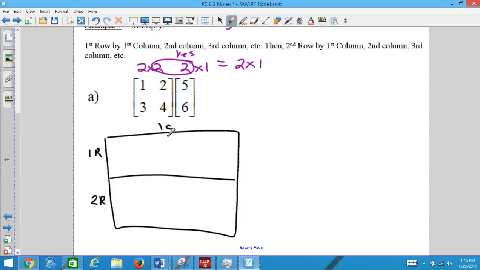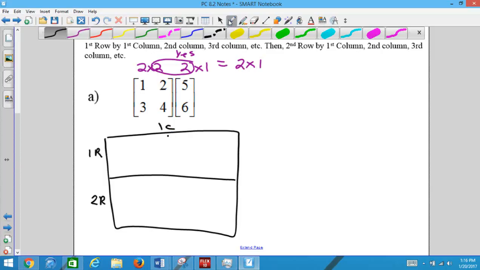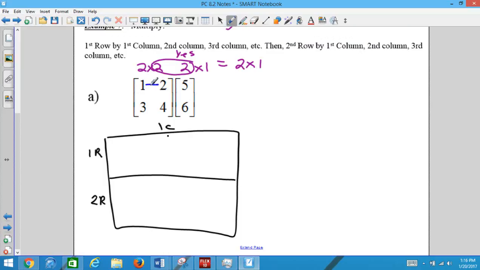Now up in the matrix, in order to get the first row, first column in the answer, I have to use the first row and then the first column from the two matrices. That's how I get row 1, column 1 in my answer. And what I do with those is I multiply 1 times 5.